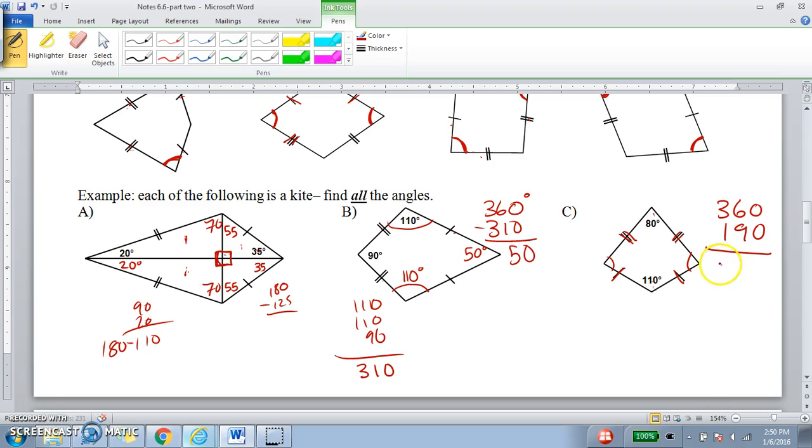When we subtract that, we get 270. I'm sorry, 170. There we go. So 170 degrees is left over for these two angles right here. So if I take that 170 degrees and divide it evenly by 2, we're left with 85 for each of these angles.